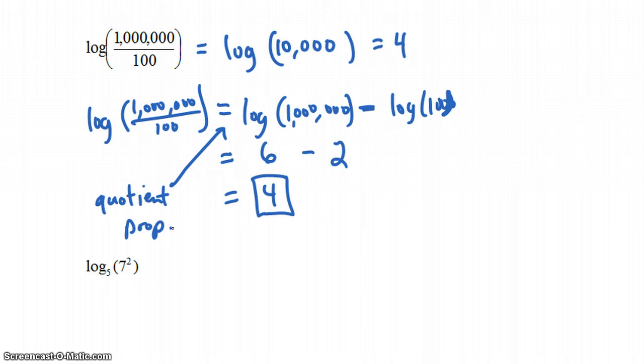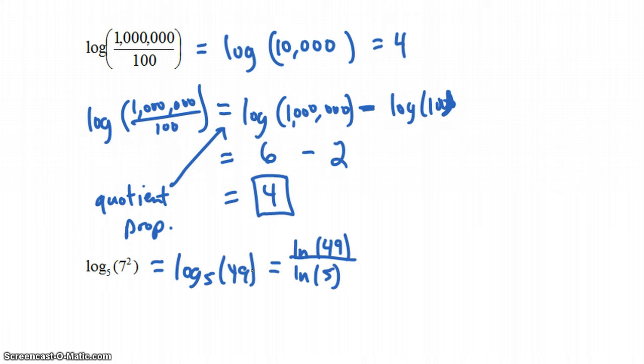Okay, now finally, log base 5 of 7 squared. One way to do that, of course, would just be to do log base 5 of 49. Okay, log base 5 of 49, we can figure that out using a calculator. But we need to use the change of base formula, right? Our calculator does not have a log base 5 button, but it does have a natural log button.